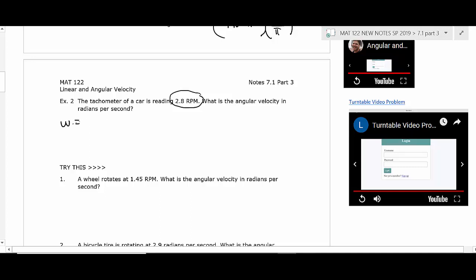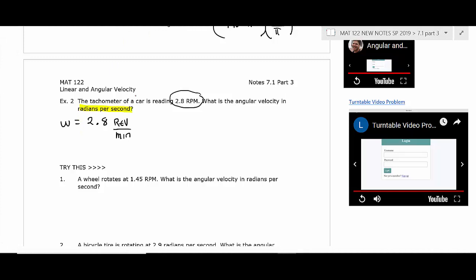So we're going to say omega is 2.8 revolutions per minute. So I've already given you an angular velocity. It's really important when you're doing these word problems to know what you're given. And I know that's an angular velocity because it's in revolutions per minute. If I give you something in radians per second, it's also an angular velocity. So really all we're going to do is a conversion on this.